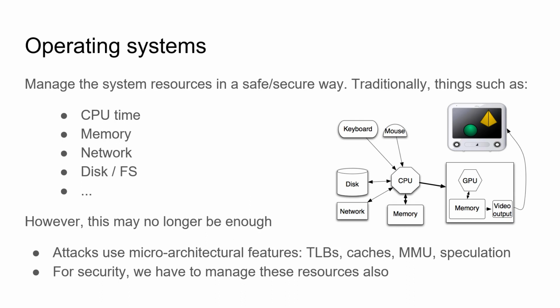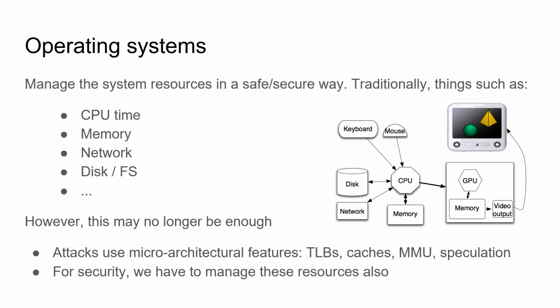However, it's important to emphasize that this in modern days is perhaps no longer enough. These are the traditional resources, but in modern days, attackers have found ways to exploit much lower level resources for attacking a system. For instance, micro-architectural features, things that are below the interface that you as a programmer, even a programmer that programs in assembly, would see.